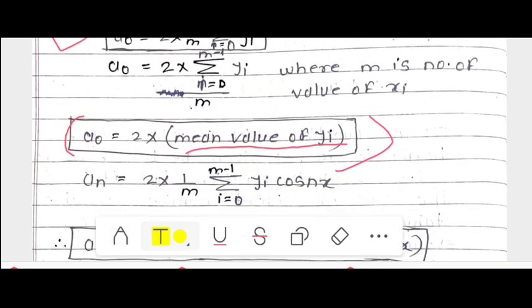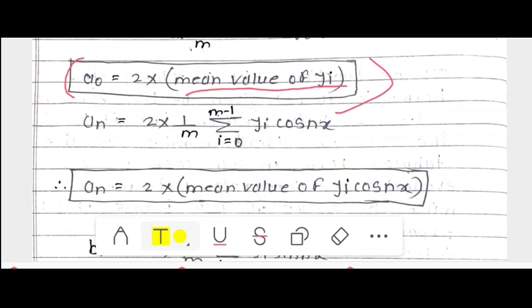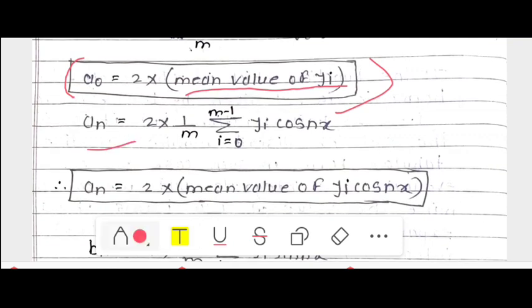So we get the mean value of yi. Similarly, the formula for an is an equal to 2 into 1 upon m summation i runs from 0 to m minus 1 yi into cos nx. That is, an is equal to 2 into the mean value of yi cos nx.